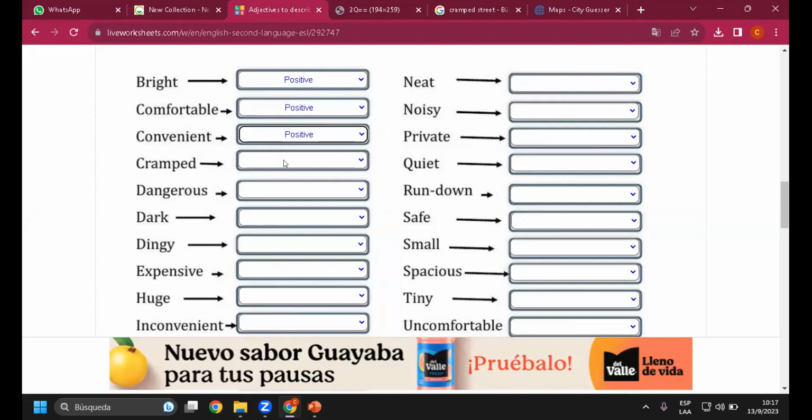So do you have cramped streets in your city? Yes. And is that positive or negative? Negative, right? Definitely. Then we have dangerous. Negative. So which countries do you consider are dangerous?